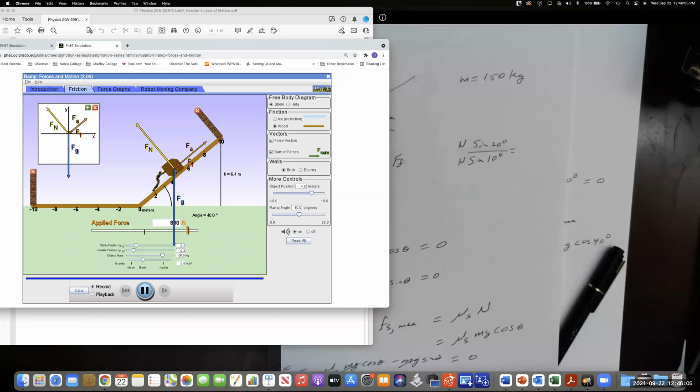No. In that case, yes, it looks like it's the minimum applied force. So if I put 790, it should start sliding down. It's at 800 right now. So if I put 790, you say it should start sliding down. Yeah. Okay, let's see.